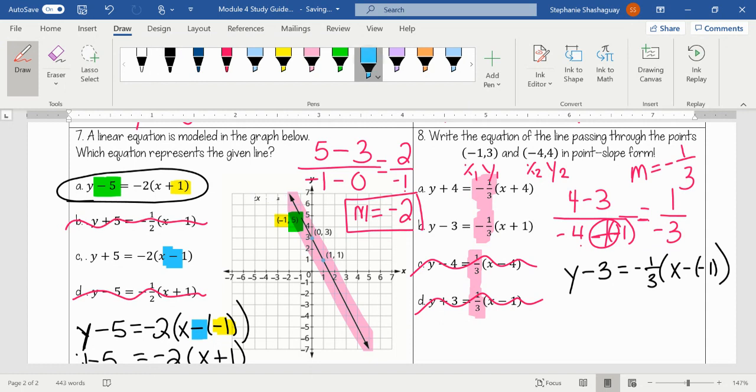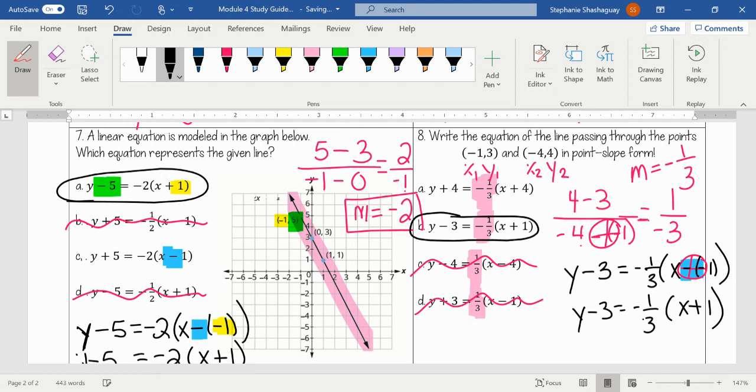Well, again, here I have that double negative. So I can simplify that into a positive. And so I'm going to have y minus 3 is equal to negative 1/3 multiplied by x plus 1. And when I look at that, I see that that's option B.